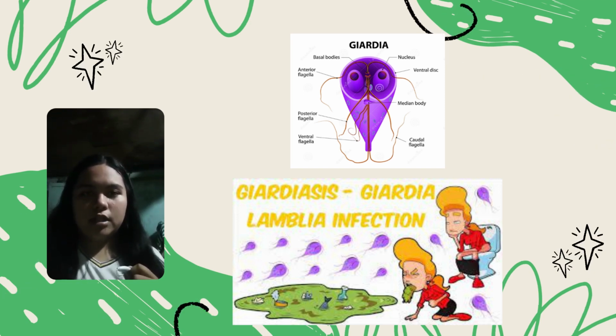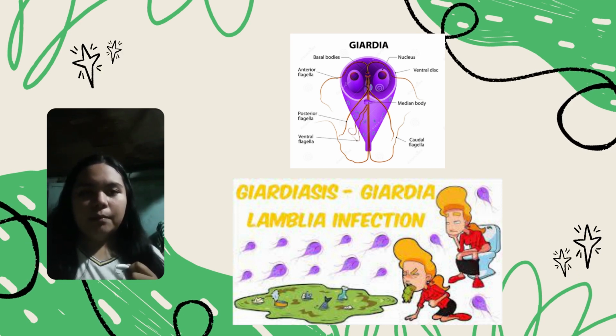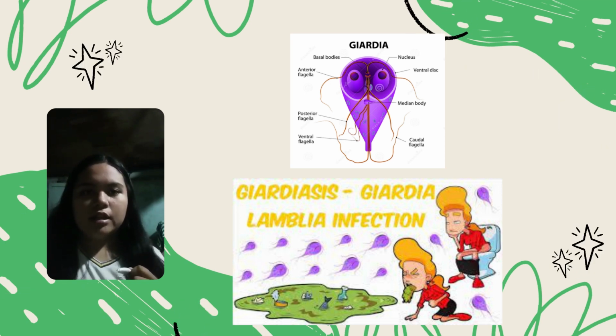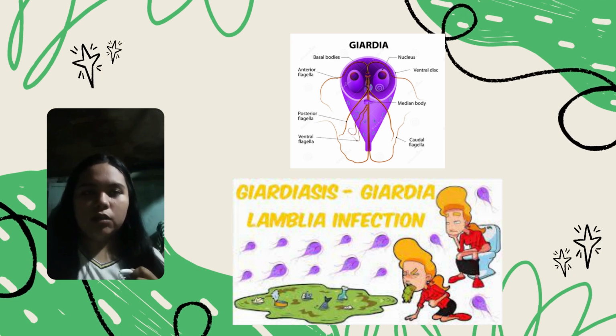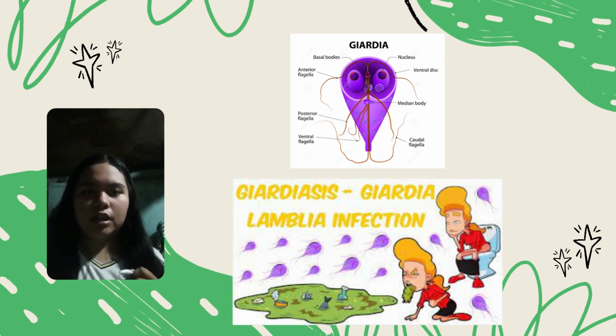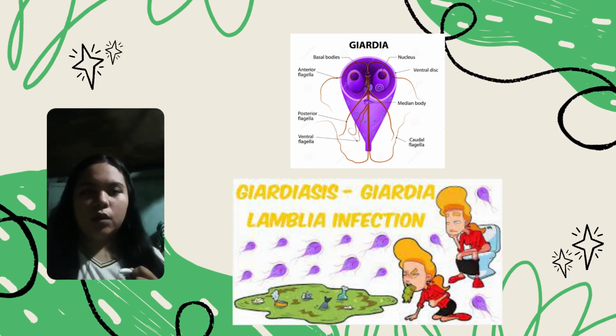Epidemiology and pathogenesis. Giardia lamblia has a worldwide distribution through contaminated water sources. The disease can thus occur in outbreaks related to contaminated water supplies, and about 50% of infected individuals do not present with symptoms and serve as carriers.